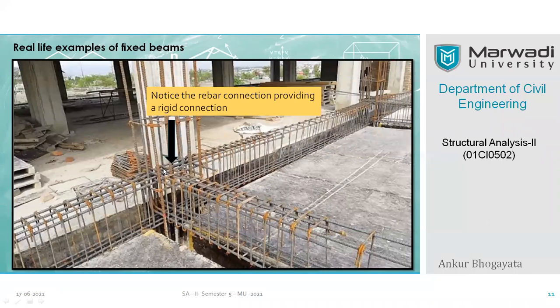I just wanted to show you this, because there is no point in directly starting the numerical without actual understanding of what fixity looks like and how you can develop it in a variety of materials. It will enhance your understanding of the fixed beam.